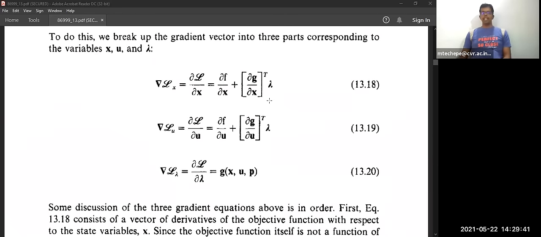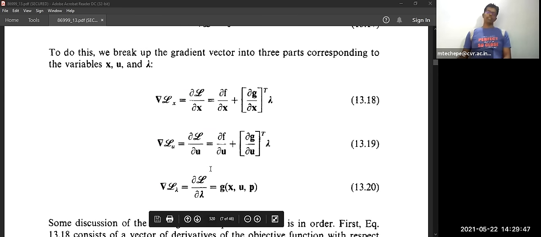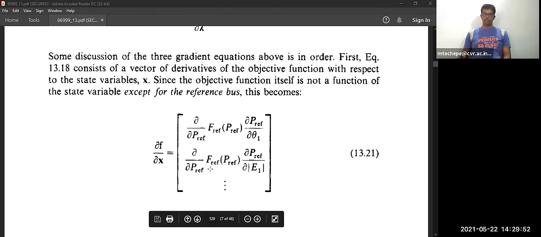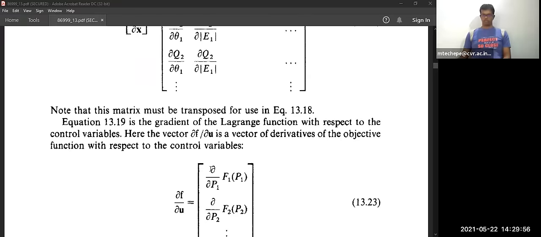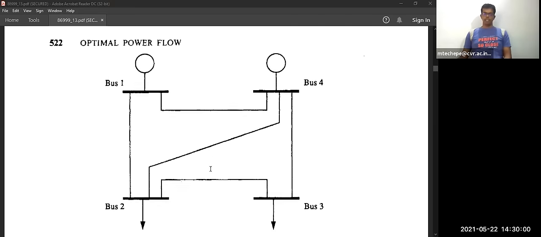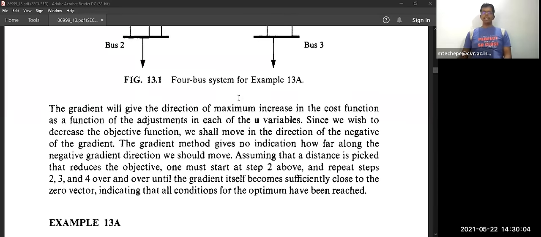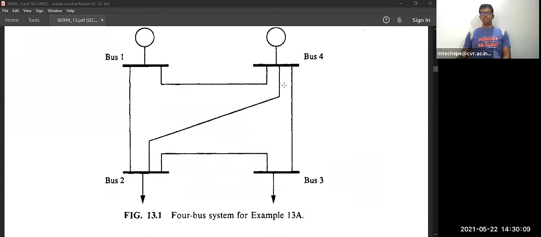So that's why we divided this into 3. Like that we need to solve this problem and we need to complete the solution.